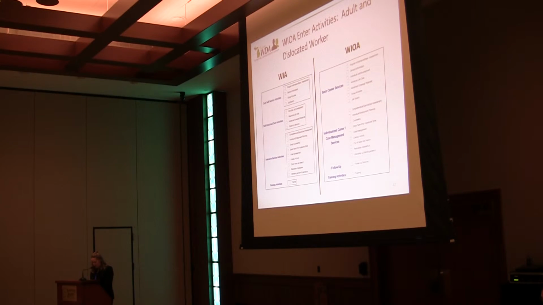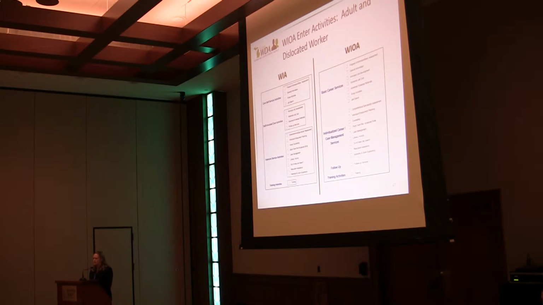Now the core and staff assisted core activities are grouped together in something called the basic career services section. Group counseling has been relabeled to just counseling. That's because after you select that activity, currently called group counseling, there are two types, individual or group.